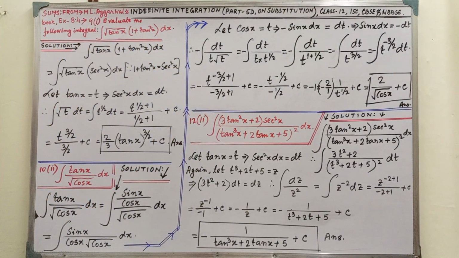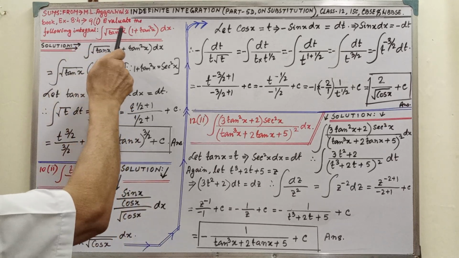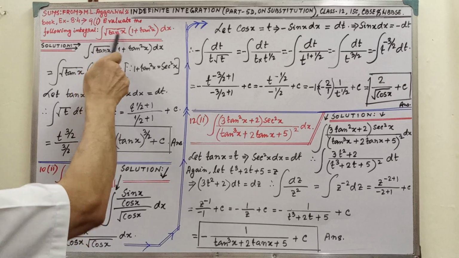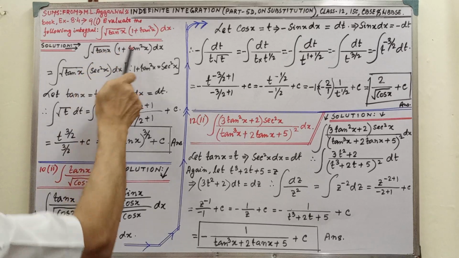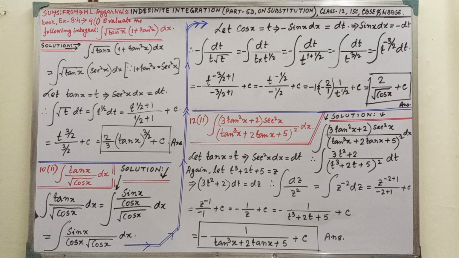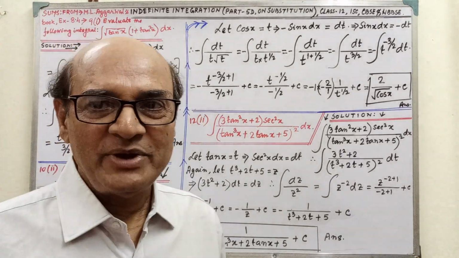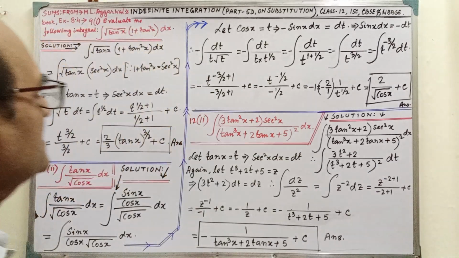Sums given from M.L. Agarwal's book exercise 8.4, sum number 9, part 1. Evaluate the following integrals. First we have to write the sum. By looking at the sum, we have to understand which part we have to consider for differentiation.